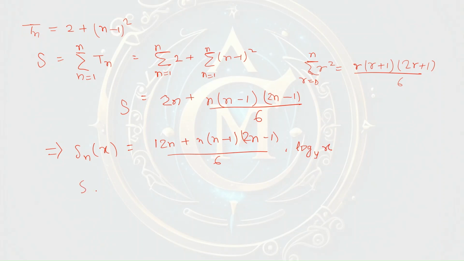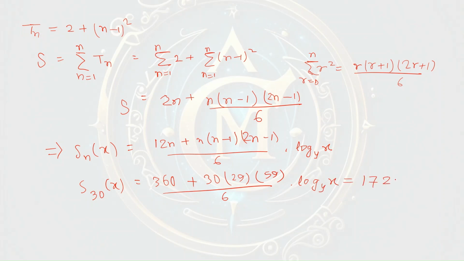Now if we put n equal to 30, it gives us S30 of x equal to, there is a little bit of calculation here. So 12 into 30 will be 360 plus 30 times 29 times 59 whole divided by 6 into log x base y is equal to 17,230.